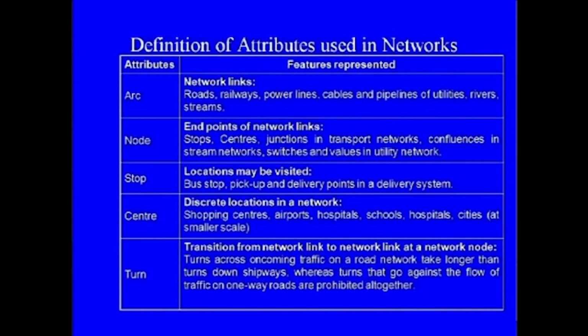Then turn, that is transition from one network link to another network link at a network node. Turns across oncoming traffic on a road network take longer than turns down slip ways, whereas turns that go against the flow of traffic on one-way roads are prohibited altogether.